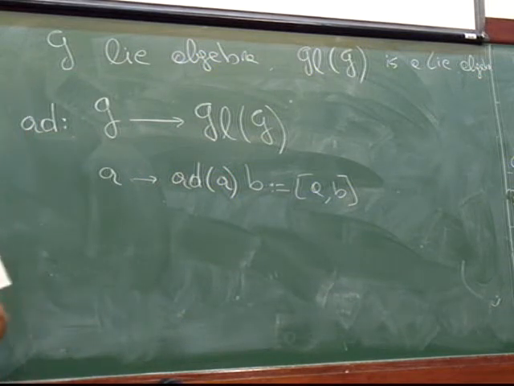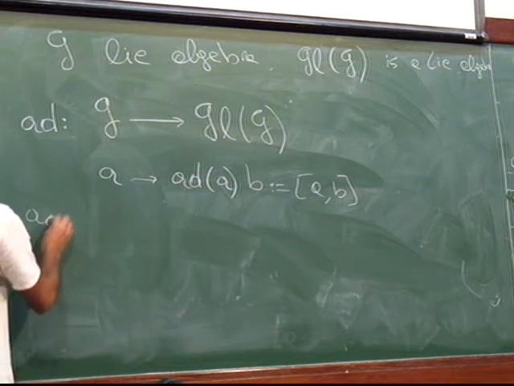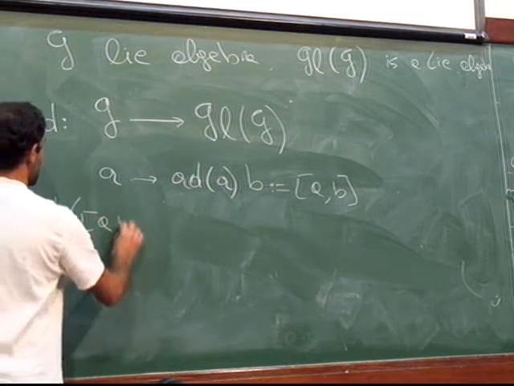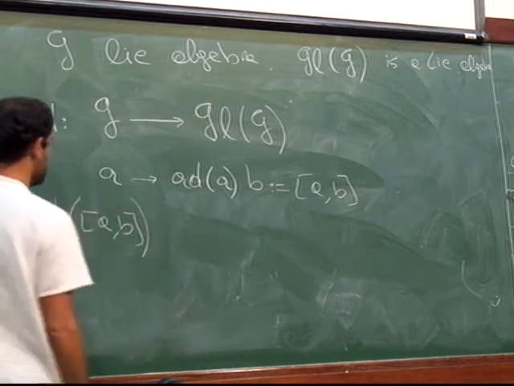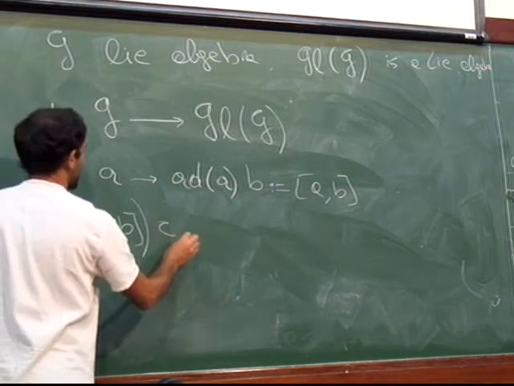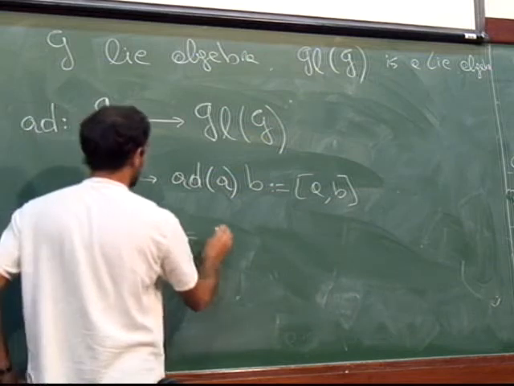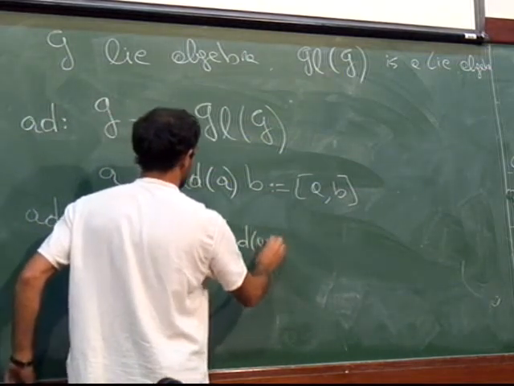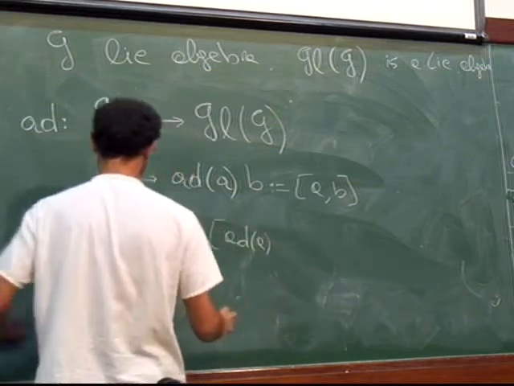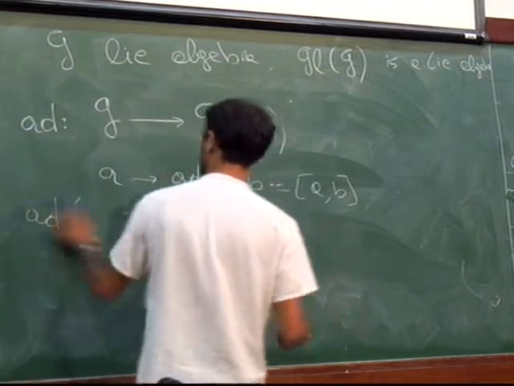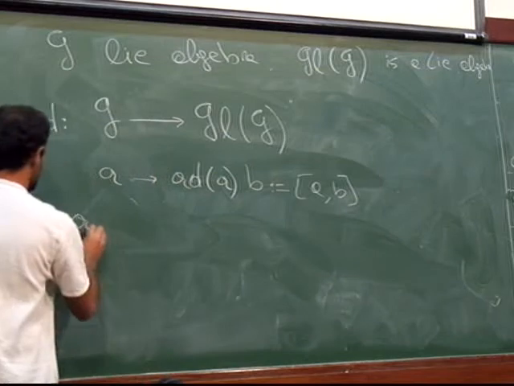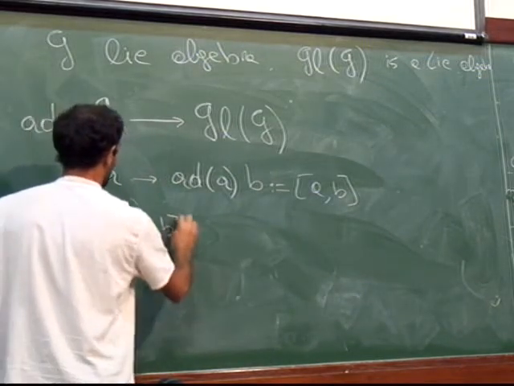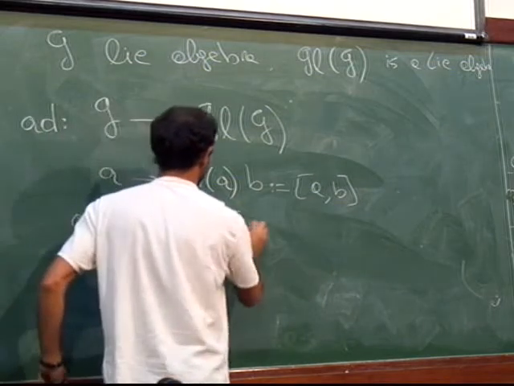But let's check that it preserves the bracket. We want to check that the adjoint of the bracket of A and B, let's see how it acts on C, is the same thing as the bracket of the adjoints.